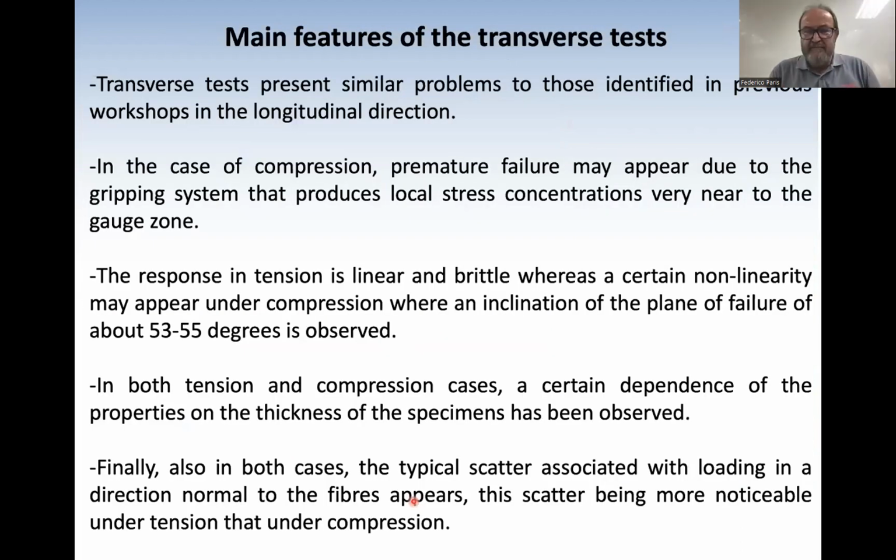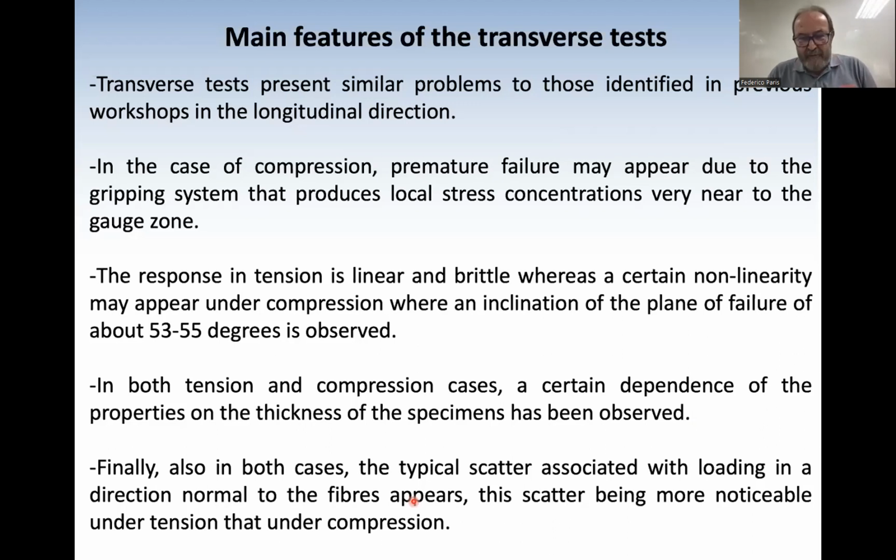So, as a summary, the transverse test presents similar problems to those identified in the previous workshop in the longitudinal direction. In the case of compression, premature failure may appear due to the gripping system that produces local stress concentrations very near to the gauge zone. The response in tension is linear and brittle, whereas a certain non-linearity may appear under compression, where an inclination angle of failure of about 55 degrees is observed.